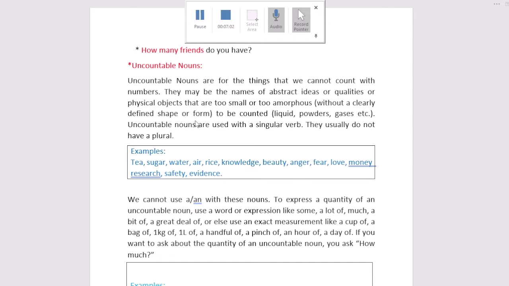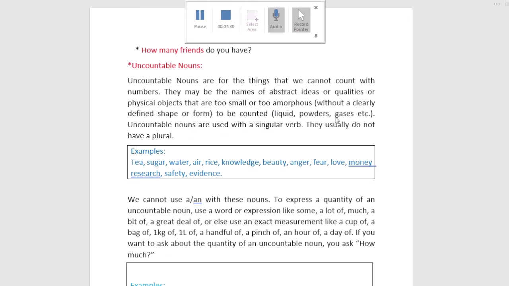They can be abstract ideas, qualities, or even visible physical objects, but that are too small or too amorphous to be counted. Amorphous means without a clearly defined shape or form. There is no clear shape or form.